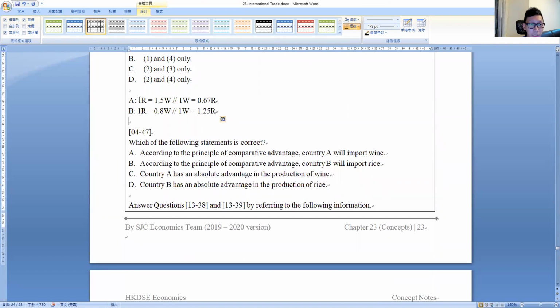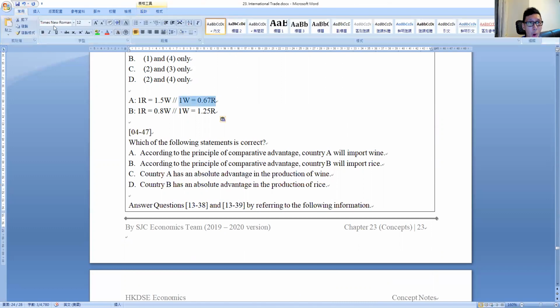Now we know country A has a comparative advantage in making wine. While country B has comparative advantage in making rice. Therefore, country A should export wine and country B should export rice. Both A and B are not correct. Okay?